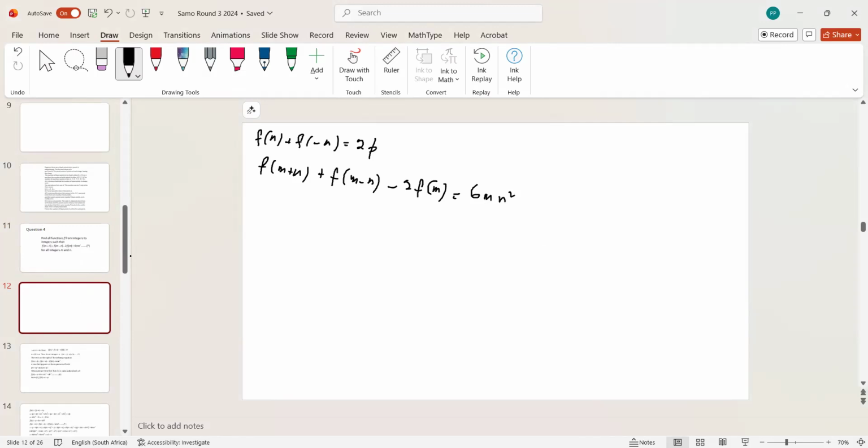All right. Now, at this stage we have to start speculating what this function will look like. You see, this is quite a familiar object, mn squared, when you are cubing m plus n.